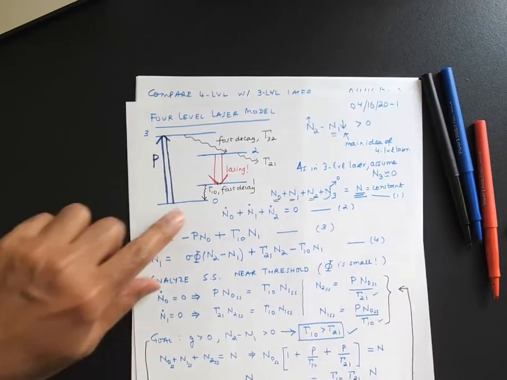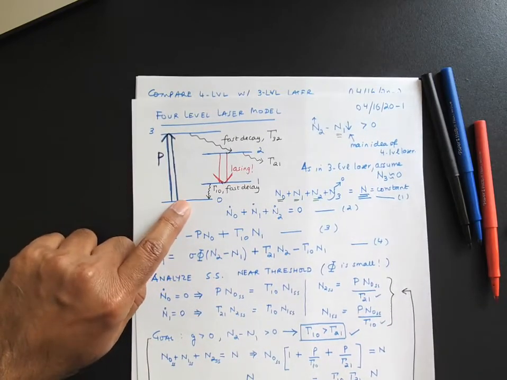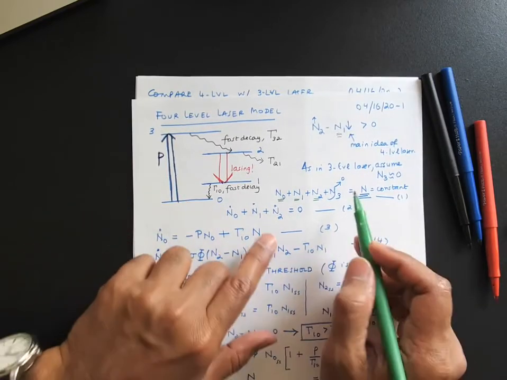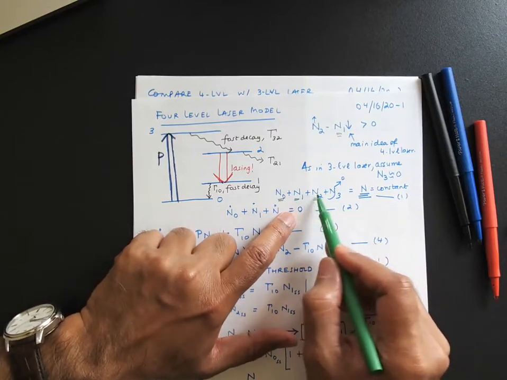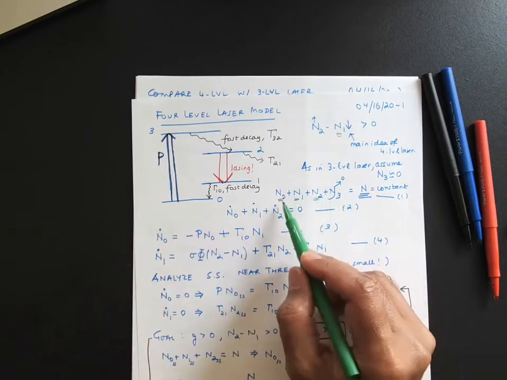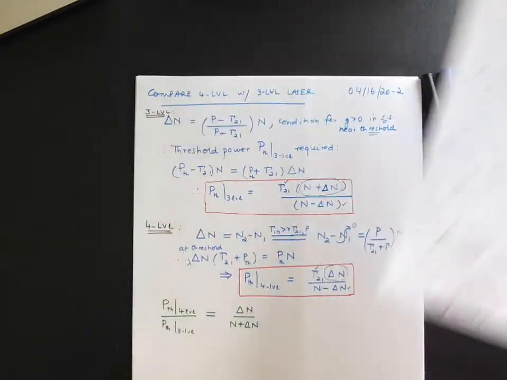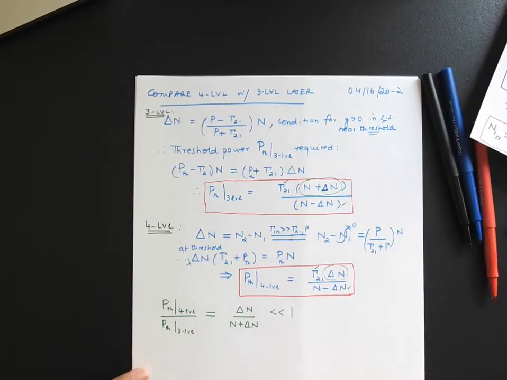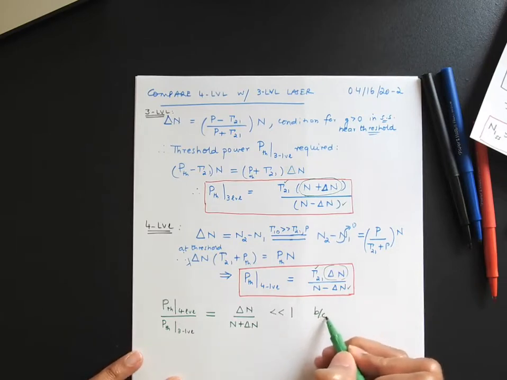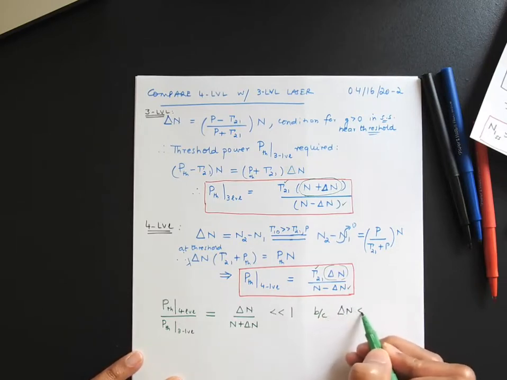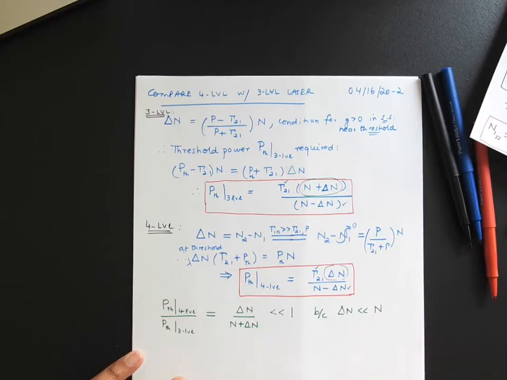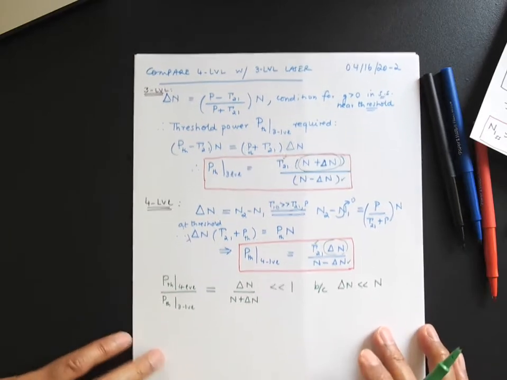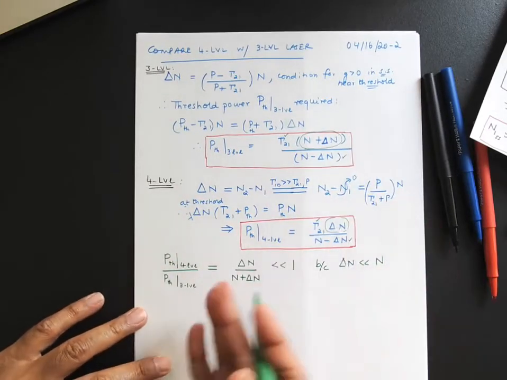So the inversion is only n2 minus n1, but the total is all three together. And so this is always much, much less than 1, because delta n is much, much less than the total n. Okay?